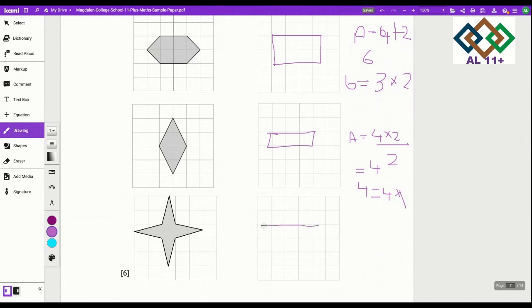And the last one would be something like this. Because your A equals 4 multiplied by half multiplied by 1 multiplied by 2. That gives you 4. And 4 plus 1 is 5.